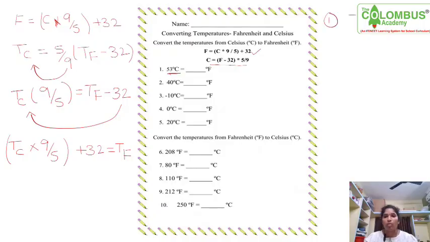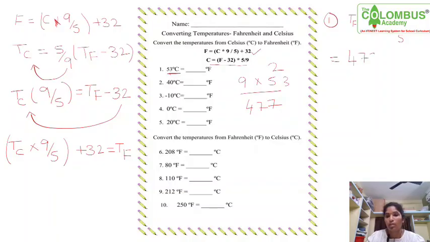Temperature in Fahrenheit is equal to 53 into 9 by 5 plus 32. 9 3s are 27, 9 5s are 45, 47, so 477 divided by 5 plus 32.